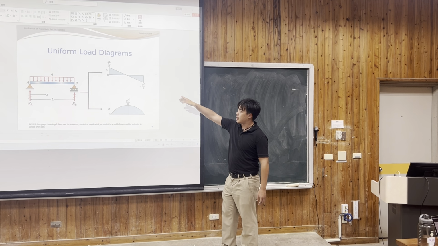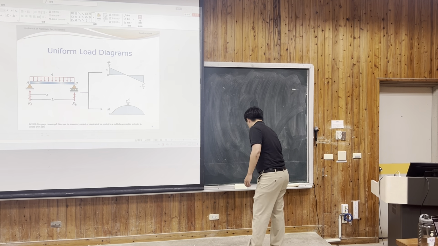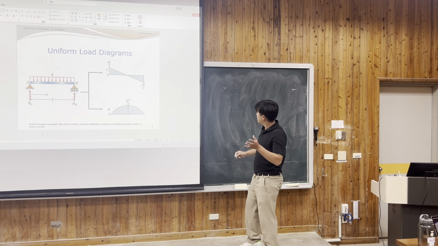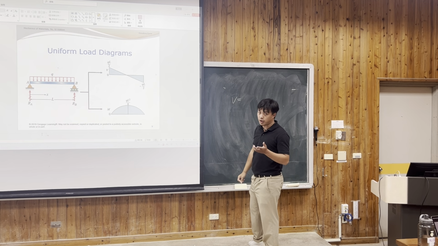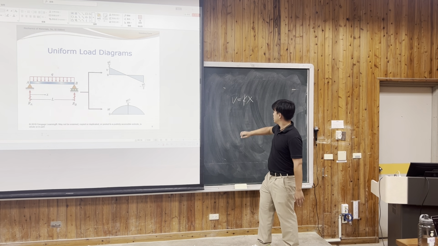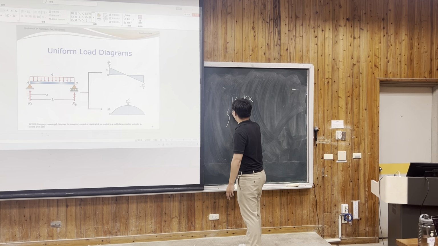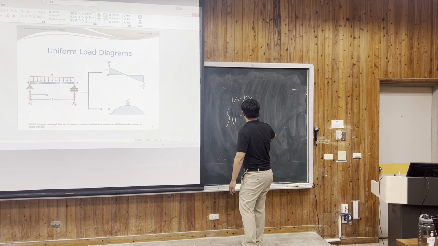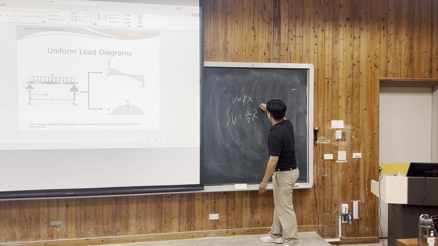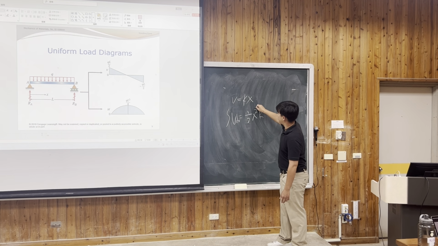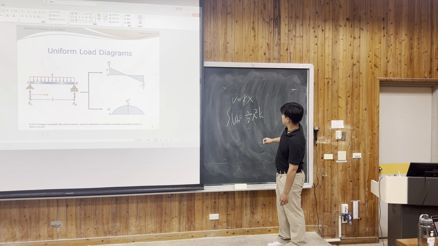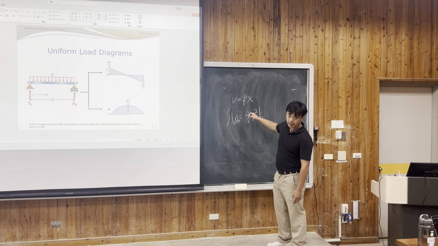So for the shear, maybe we can guess the function of the shear will be something like this, right? Because this is the line. So by integrating the V, it will have something like x squared, right?